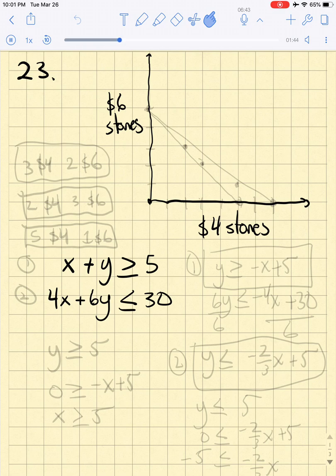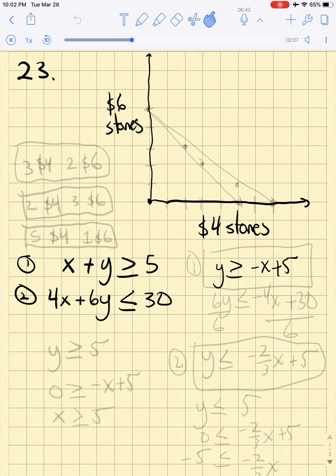So let's take this. This is equation 1. This is equation 2. We have here y must be greater than or equal to negative x plus 5, right? And then the second equation, this is still equation 1.